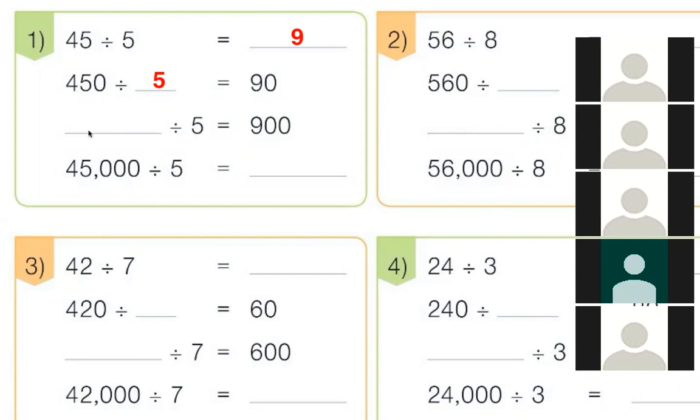What do you think? If you want to find out which number we have to write here, I give you a hint. You have to do 900 multiplied by 5, right? So make the opposite. 900 multiplied by 5.